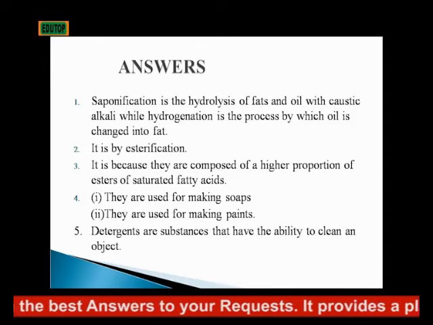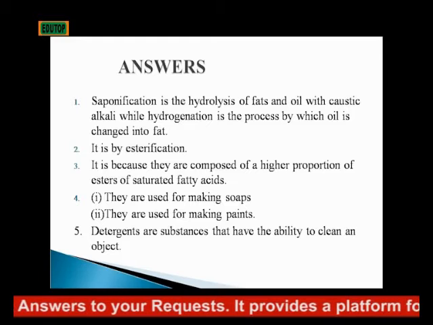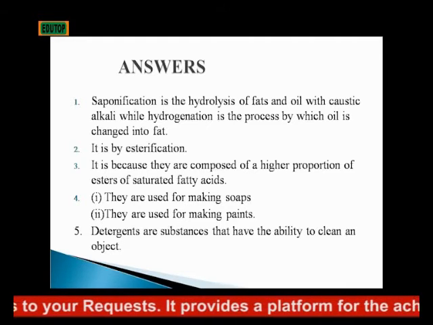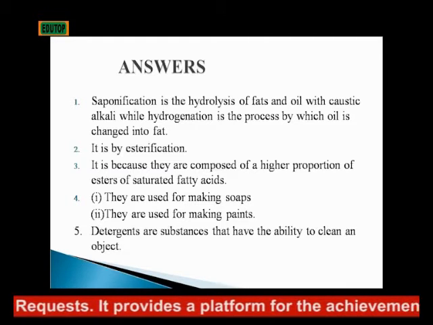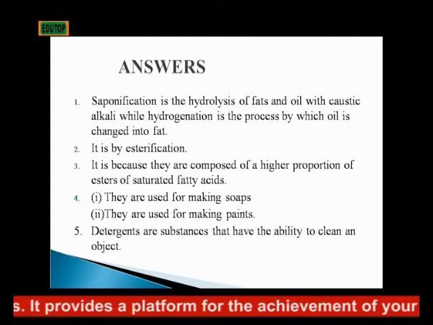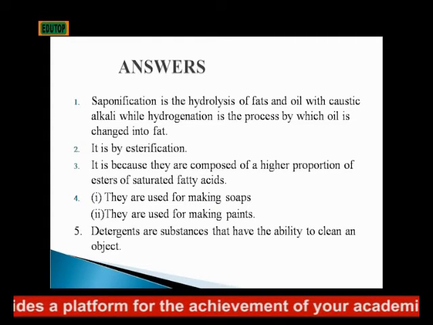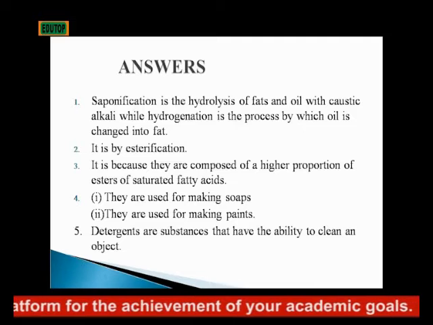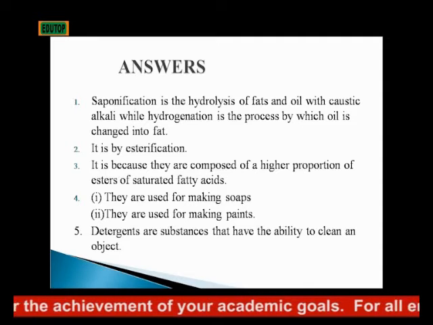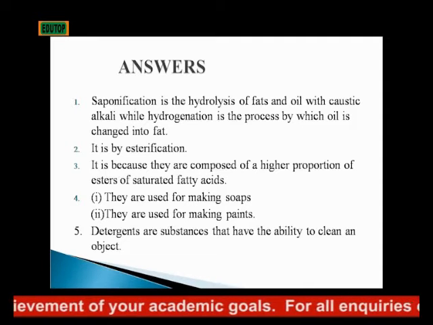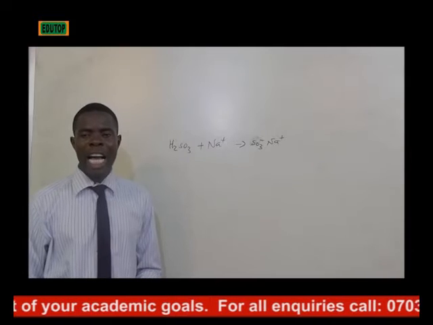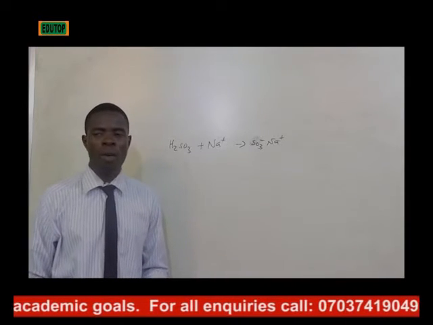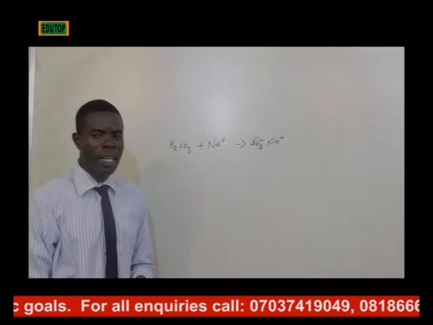Answers. Differentiate between saponification and hydrogenation. Saponification is the hydrolysis of fat and oil with caustic alkali, while hydrogenation is the process by which oil is changed into fat or margarine. Question number two, alkanoates are produced from alkanol by what process?